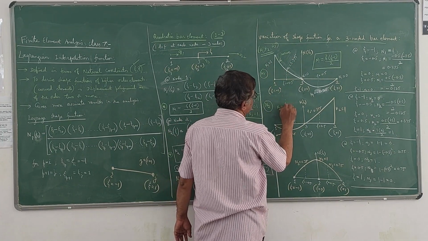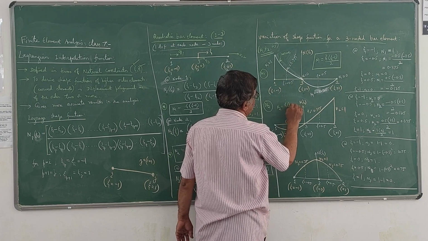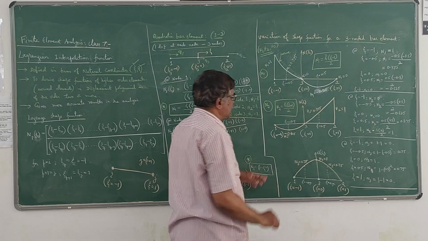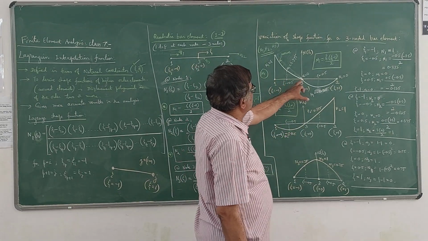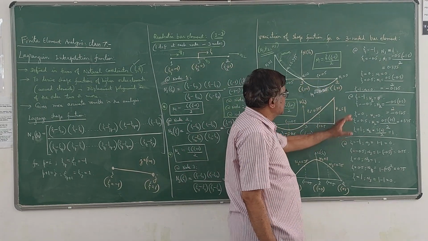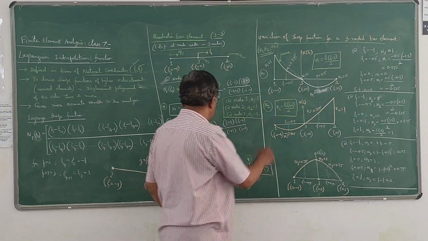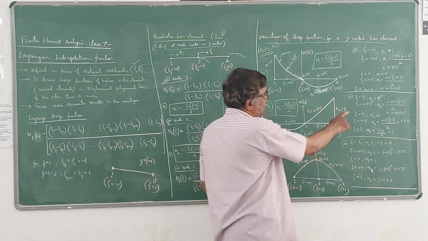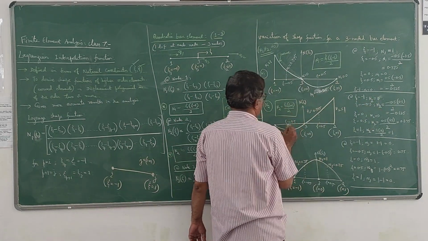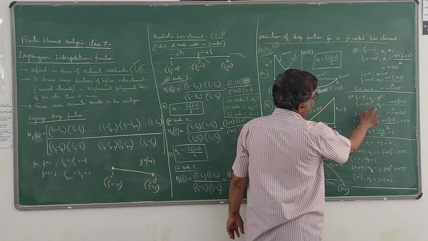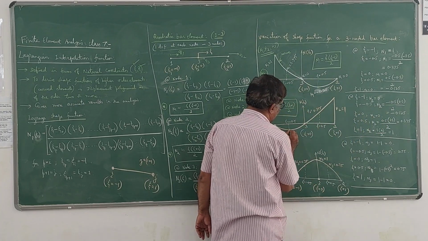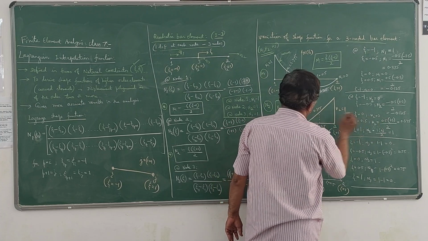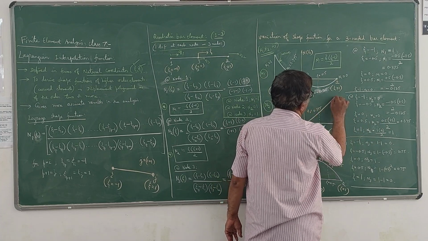If you plot, n2 is given by zeta into zeta plus 1 by 2. If you substitute the values of zeta once again at these 5 points using this expression, you will get the corresponding values: the first value becomes 0, the second value of n2 becomes minus 0.125, the third value becomes 0, the fourth value 0.375, the fifth value 1.